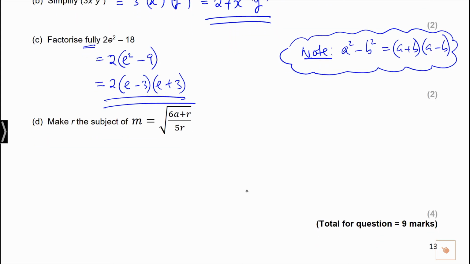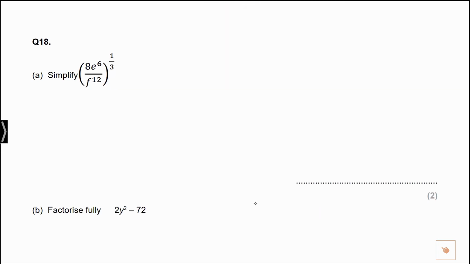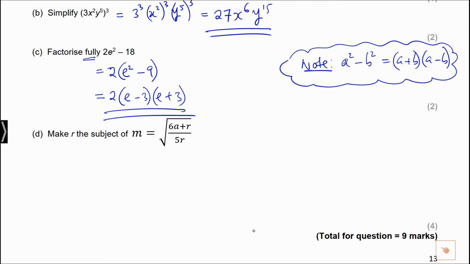All right, part D of this question. Make r the subject of the formula. Now, let's start by squaring both sides, to get rid of the square root sign. So square this side, square that side. If you square root, those cancel.